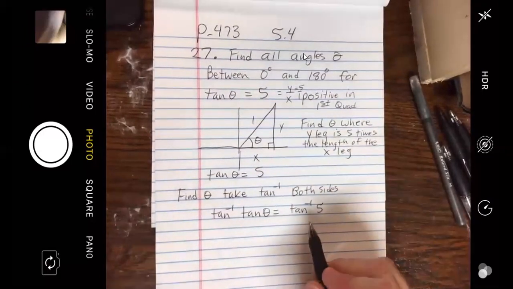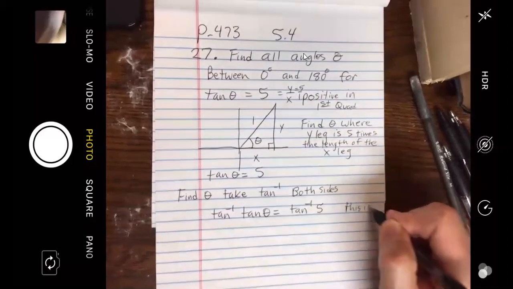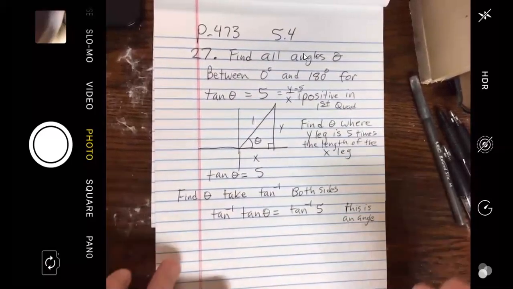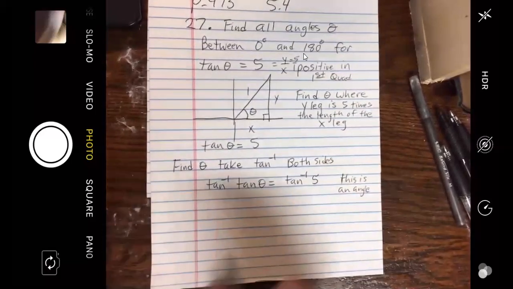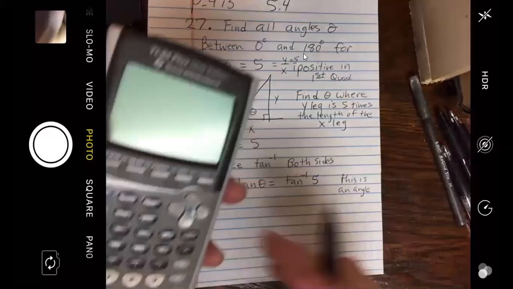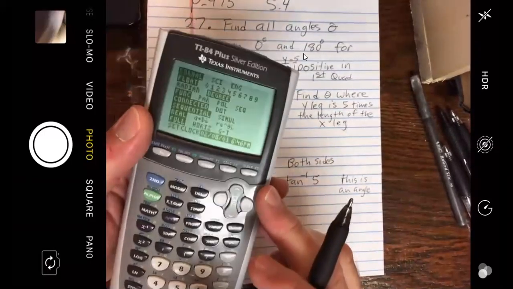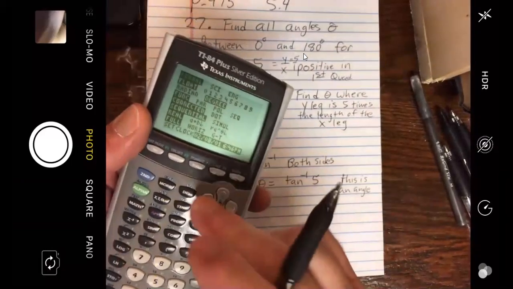Now, this is an angle. Your answer comes out in whatever mode the calculator is in. They asked for degree mode here, so we want the calculator in degree mode. Let's see if we've got that. Yes, we do. But you could do this in radian mode and your answer would come out automatically in radians.